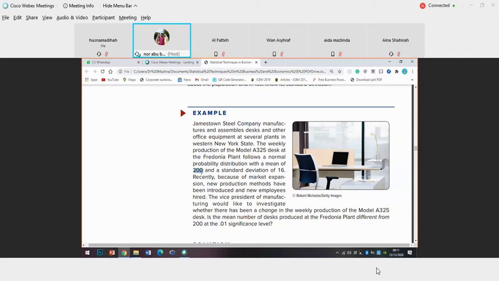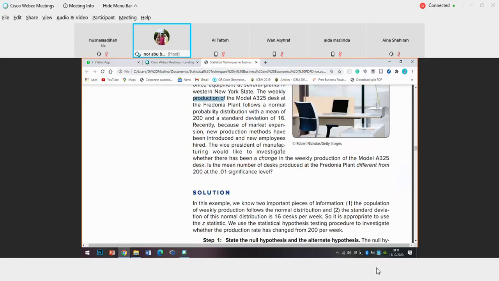So production rate dia adalah 200 desks per week. Okay, that is the production rate. Okay. Jadi production 200 per week.